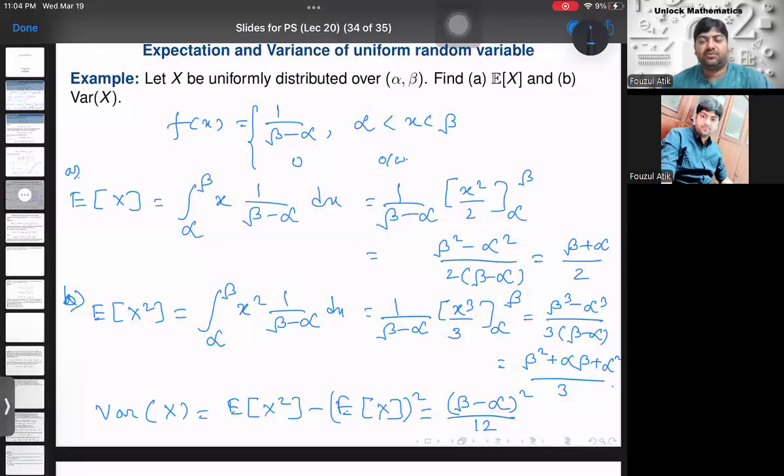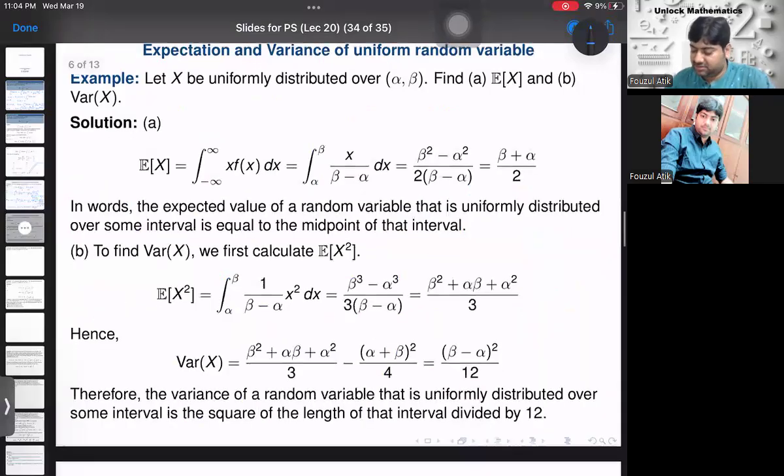So for a uniformly distributed random variable over the interval alpha beta, the expected value is alpha plus beta by 2, and its variance is beta minus alpha whole square divided by 12. What is beta minus alpha? It is the length of the interval, so the variance is the square of the length of the interval divided by 12. Clear? So it is a very easy and straightforward calculation. Yes, that's what we did: the expectation and variance calculation.